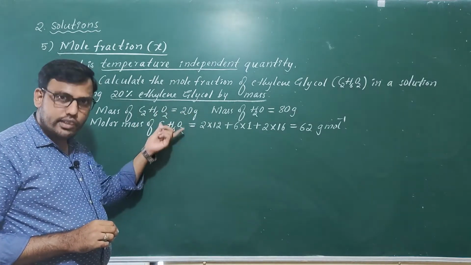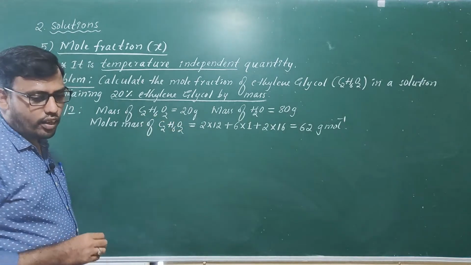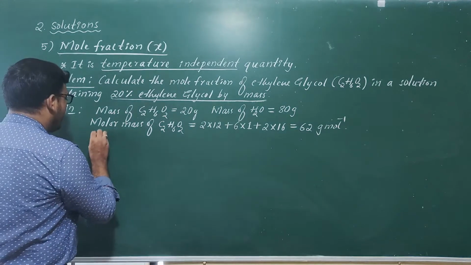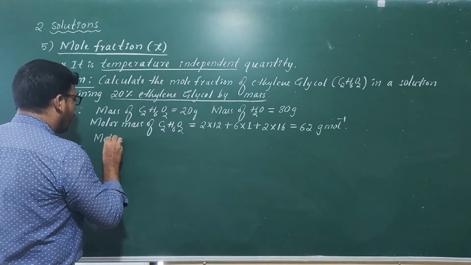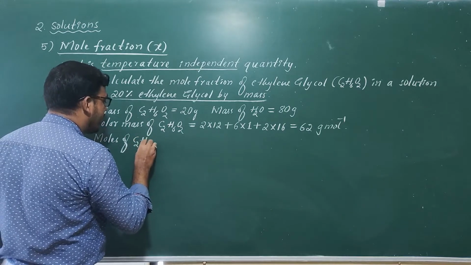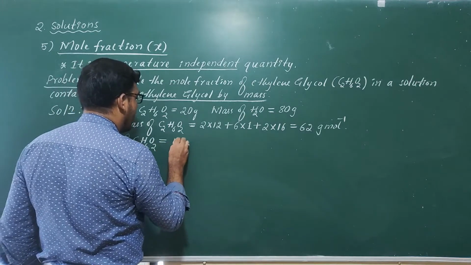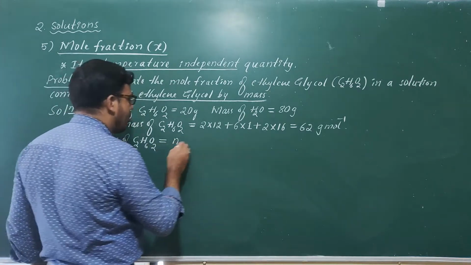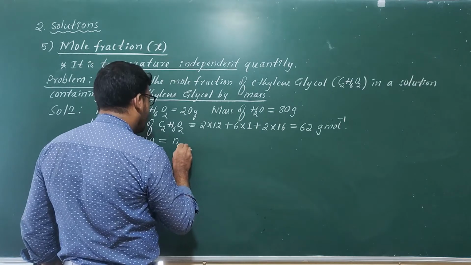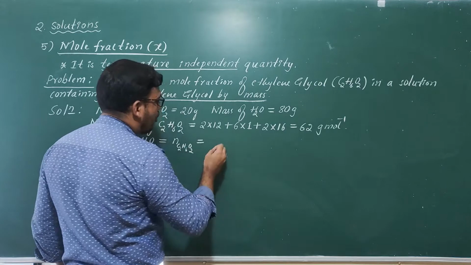Now I can easily calculate the number of moles of ethylene glycol, because I know the mass, I know the molar mass, I just divide it and I will get the moles of ethylene glycol. Moles of C2H6O2, number of moles I will represent by N, so N of C2H6O2 is equal to mass by molar mass.